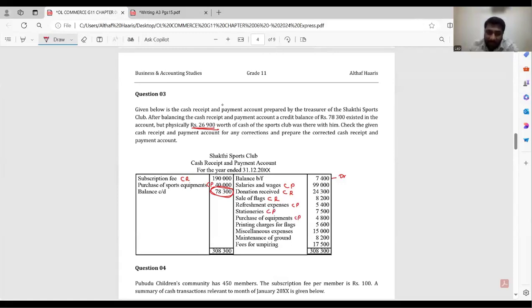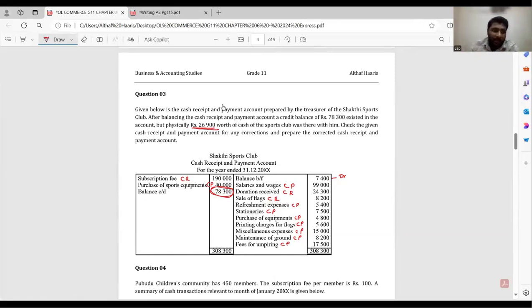Printing charges of the flag, cash payment. Miscellaneous expenses, cash payment. Maintenance of the ground, cash payment. Payment for umpires, umpire fee, cash payment. So now we'll prepare the correct cash receipt and payment account.